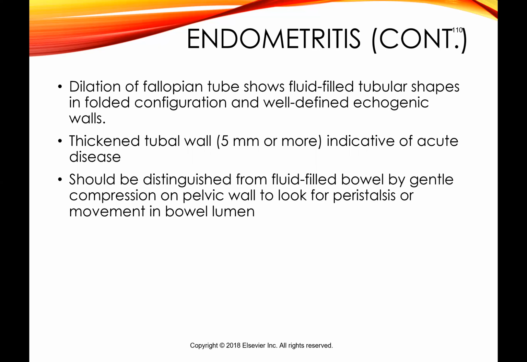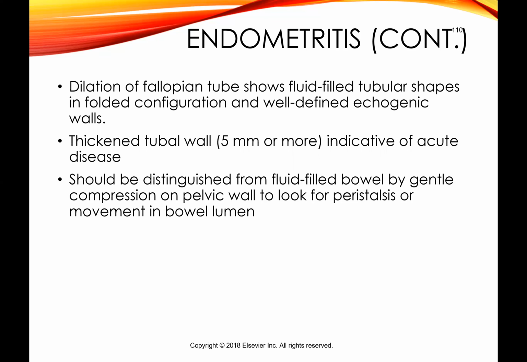A thickened tubal wall of 5 millimeters or greater is indicative of acute disease. We'll talk more about pelvic inflammatory disease later on in our book, but just to give you a little bit of a hint, it talks about this in this chapter. So I want you to read chapter 43 and do everything, and you'll feel pretty confident in diagnosing a hydrosalpinx on your test.